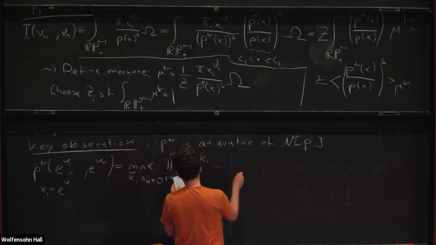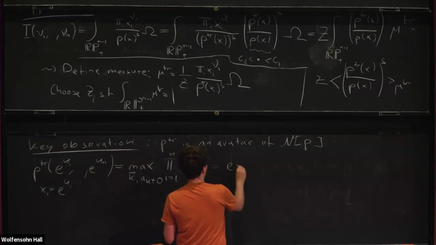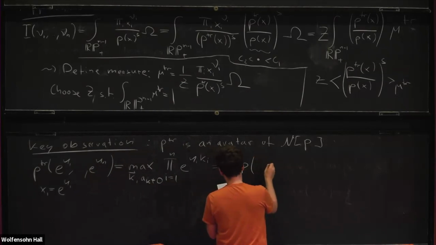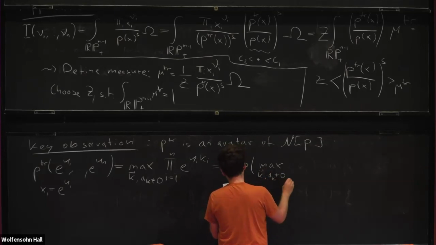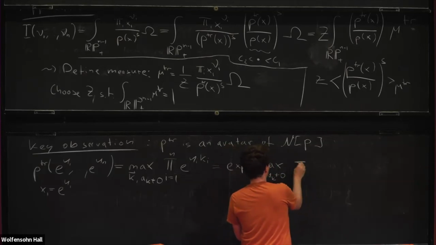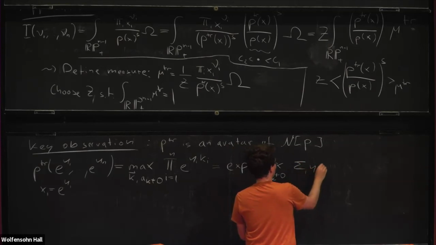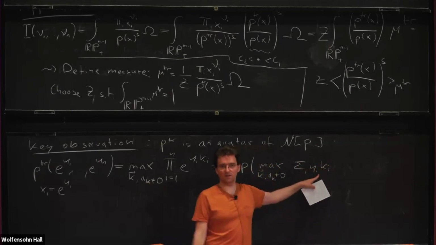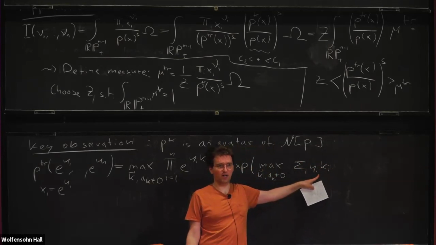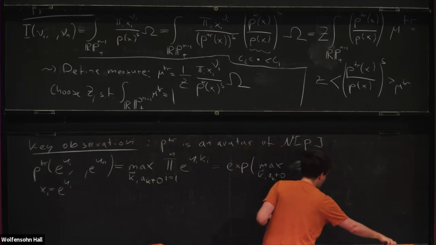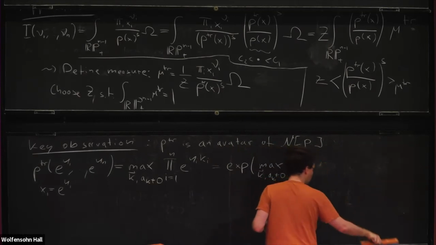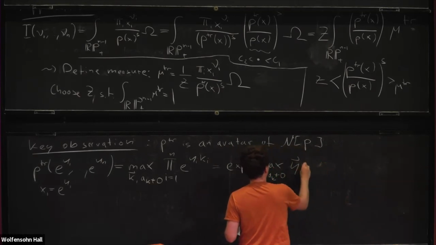So the exponential can be pulled out and we write it as the maximum over all the coefficients that are non-zero. And here we have the sum over i of y_i k_i. But this is just the dot product of the y vector and the k indices. So you can interpret this as a vector product, y dot k.